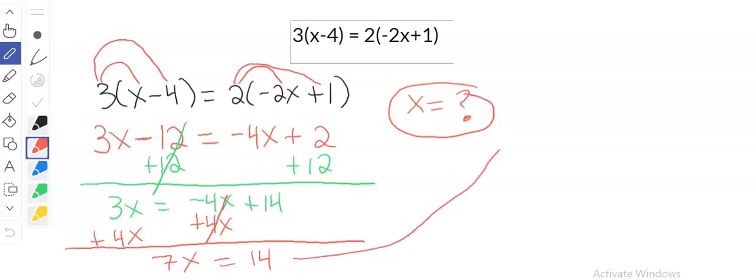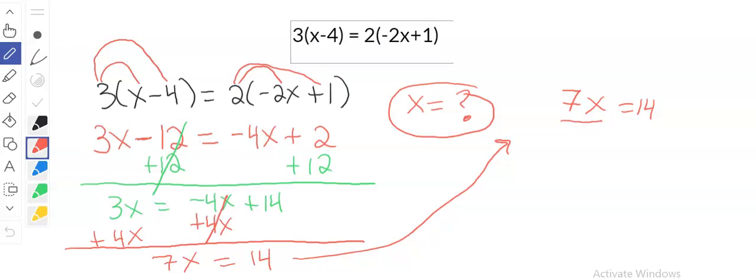And I'm going to bring that up here. 7x equals 14. Now some of you are saying, okay, so what do I do next now? Like, so we have a 7 times x. So when a 7 is close to the x like this, it means it's multiplying. And you have a 14 on this side.